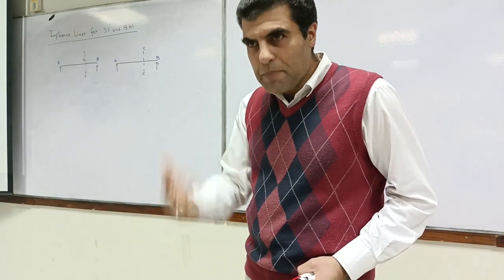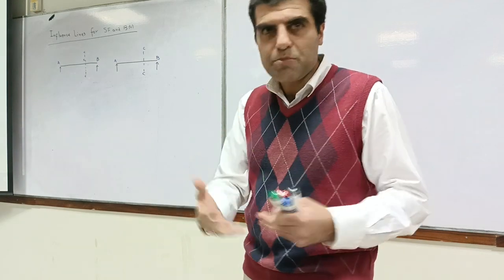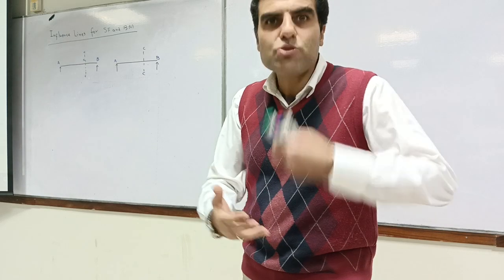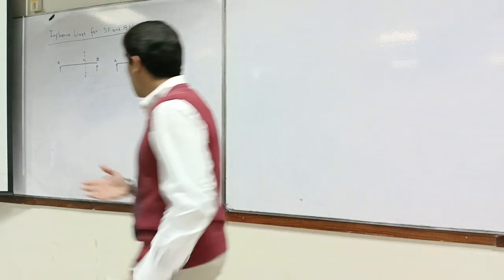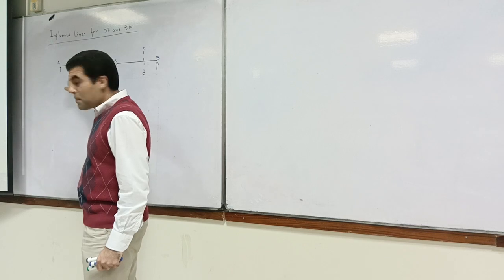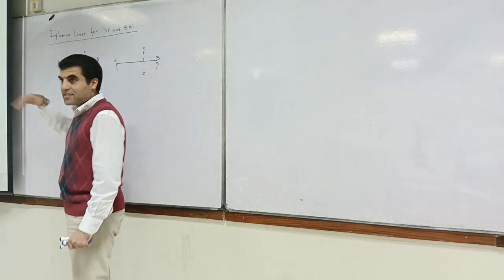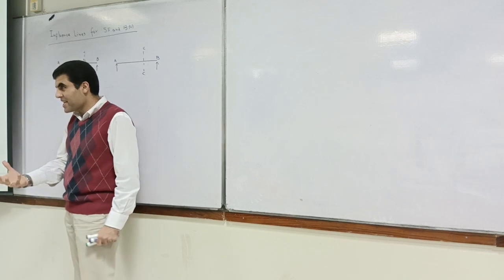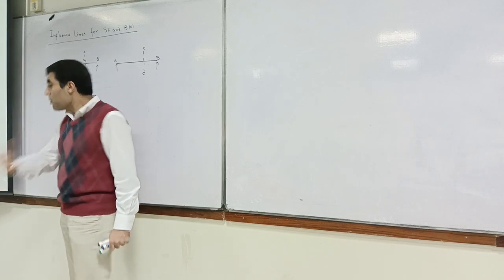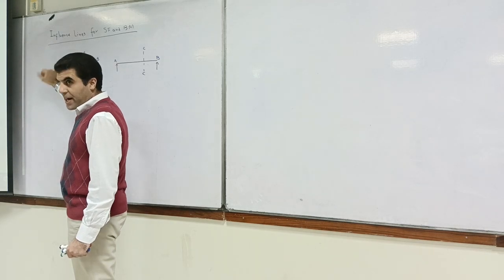We remove the ability to resist that particular quantity. In the case of reactions, we had a support, and the support normally resists the reaction, so we remove the support.